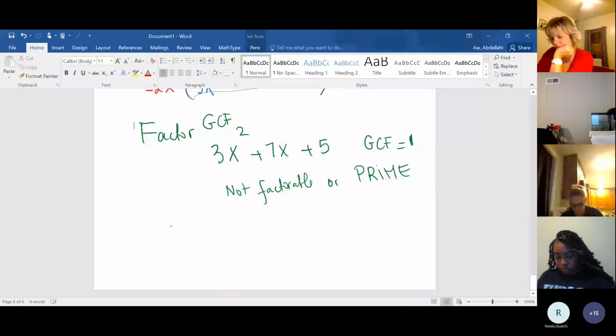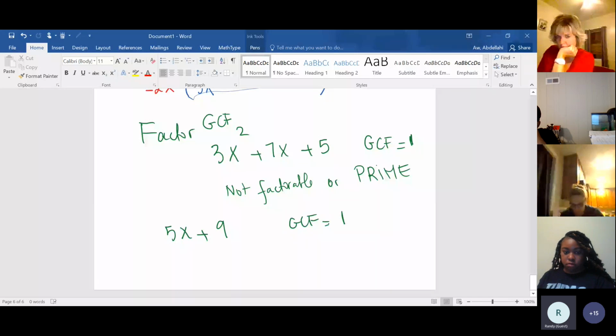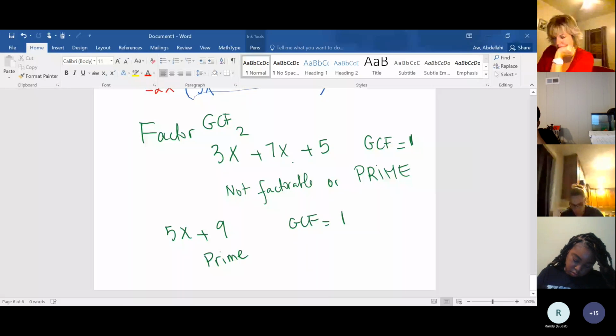When you have, like, 5x plus 9, what is the GCF? It is 1, right? Because the GCF is 1, we say this is also prime. We cannot factor this one, right? Okay, so that is just to close this parenthesis.